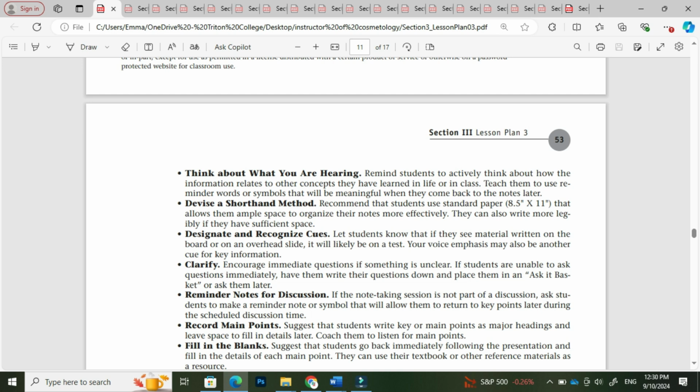Design and recognize quiz cues. Let students know that if they see material written on the board or on the overhead slide, it will likely be on the test. Your voice emphasis may also be another cue for key information.